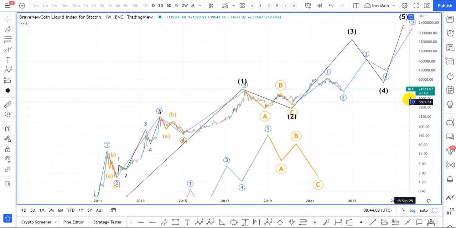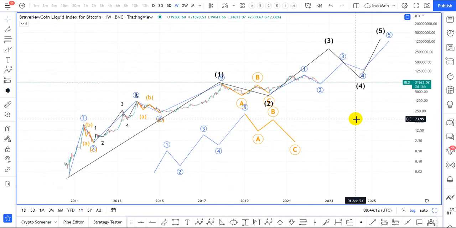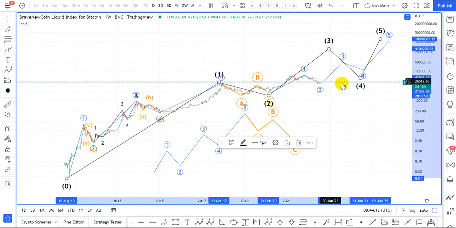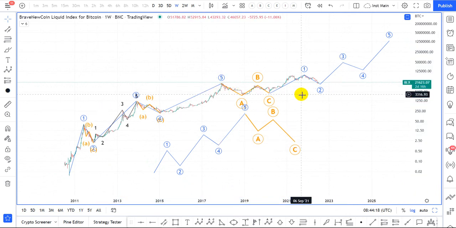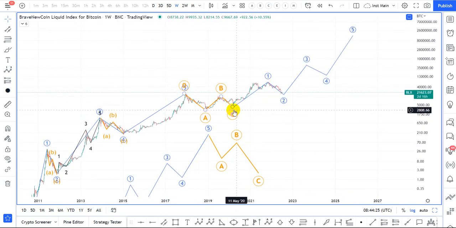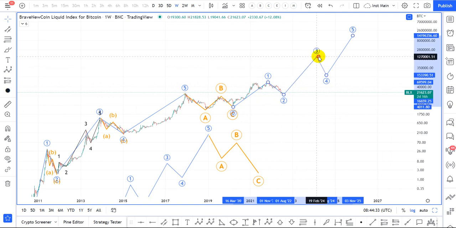Why is it important? And why is it so obvious now? Look at that. That means that now I will delete this one and we will focus on this chart. You can see here that now it is going for wave 2, and whenever wave 2 bottoms, then there will be a wave 3 coming.